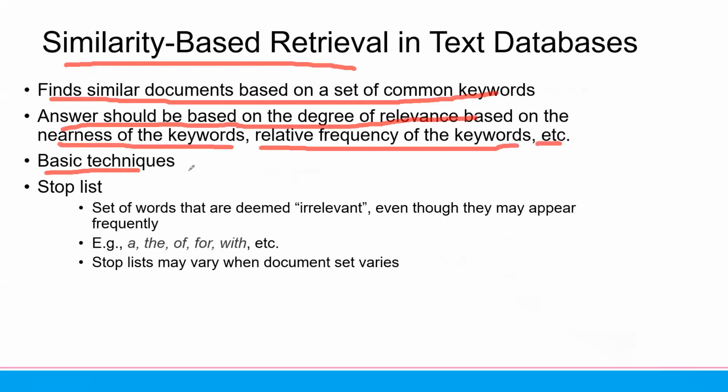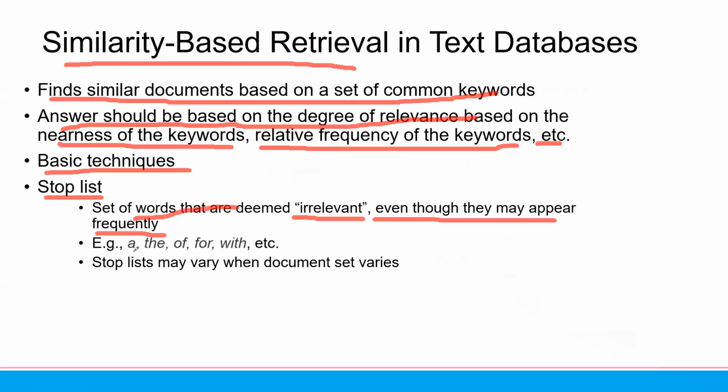So the basic technique is that we need to check the stop list. I'm not sure what the meaning of stop list is in Korean, but in English, we have some words that are deemed irrelevant, even though they may appear frequently.